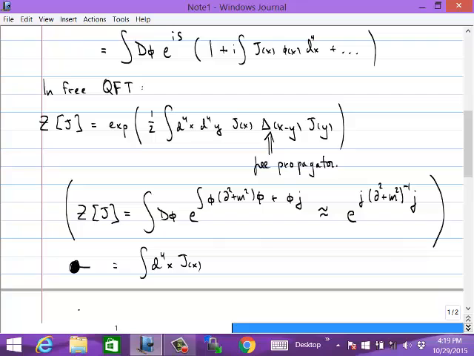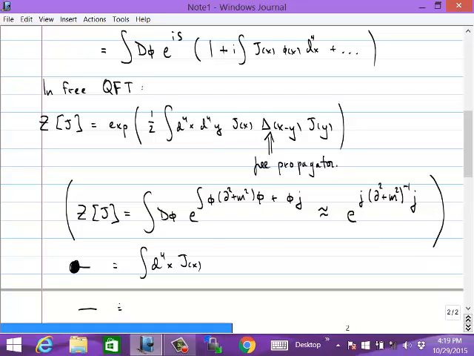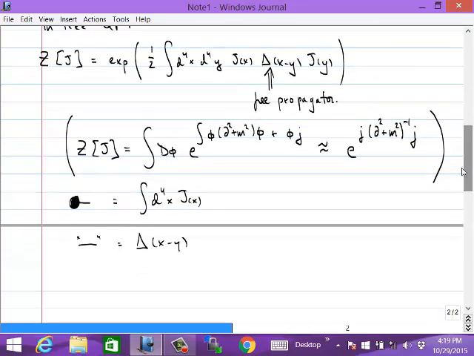And every time you had a line between two points, say x and y, that gave you a propagator. And then with this notation, Z of j was just the exponential of 1/2 times the simple diagram where you have those two dots connected by a line.